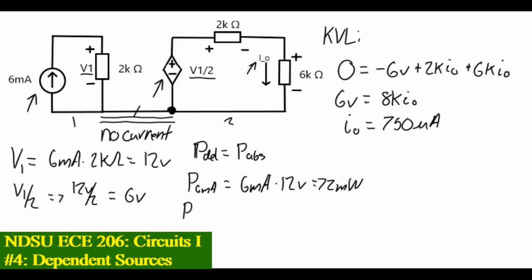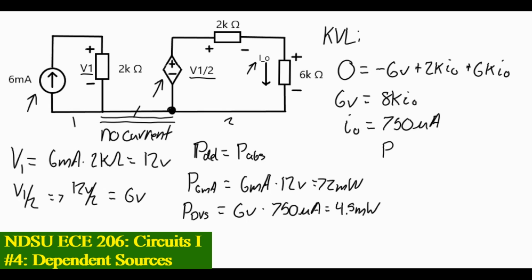The power delivered by our dependent voltage source is going to be 6 volts times I0, which we determined to be 750 microamps. That's going to give us 4.5 milliwatts. Excellent.